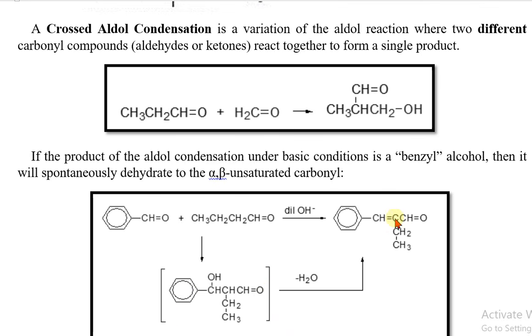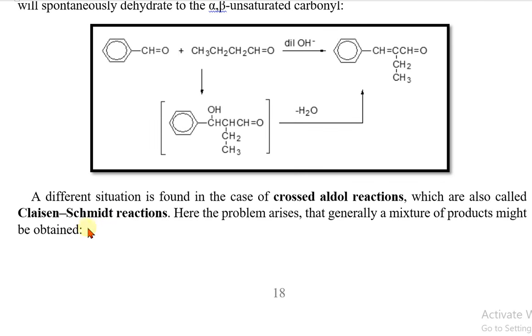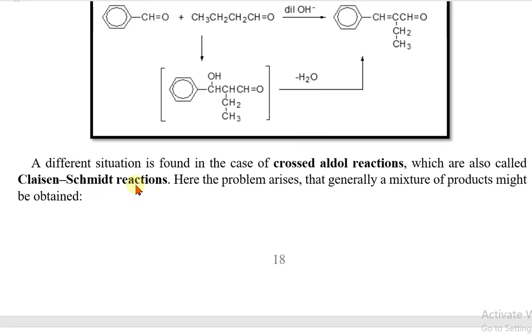It directly gives you the alpha beta unsaturated compound, not the beta hydroxy aldehyde or ketone. A different situation is found in the case of cross aldol condensation, also called the Claisen-Schmidt reaction. Here the problem arises that generally a mixture of products can be formed.